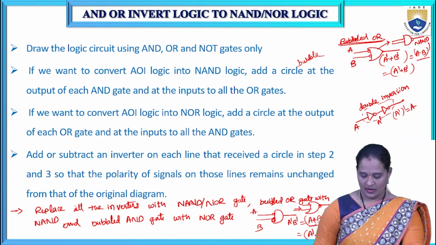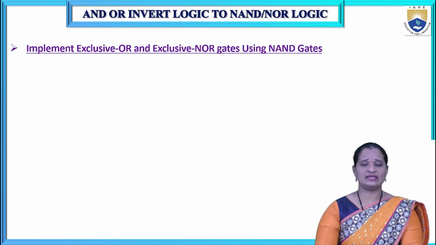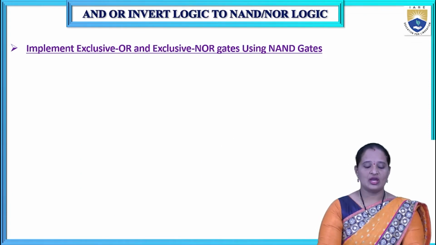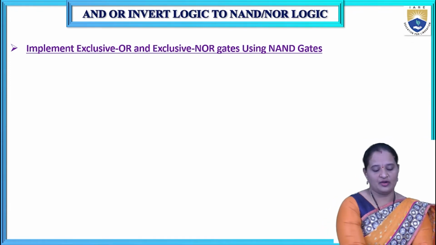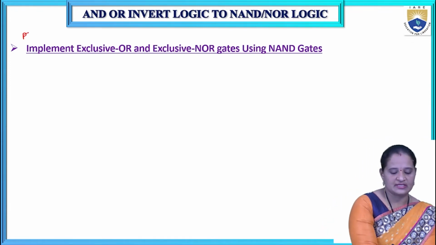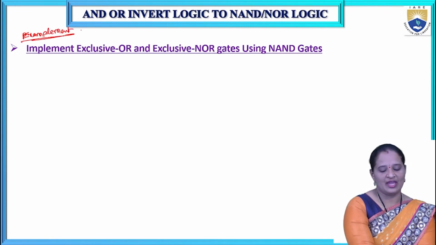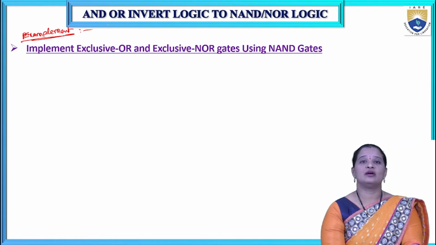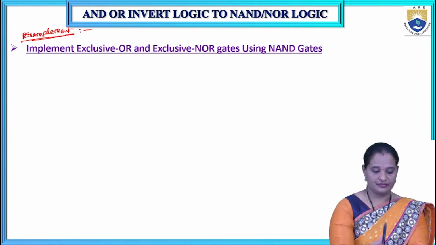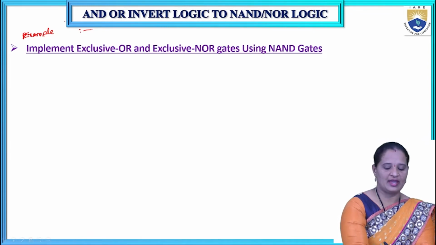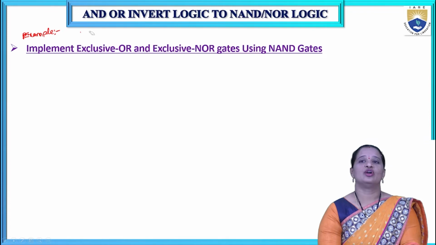So now, first of all, let us see. We have the exclusive OR gate and the exclusive NOR gate. So the first example is: implement exclusive OR gate and exclusive NOR gate using NAND and NOR gates.